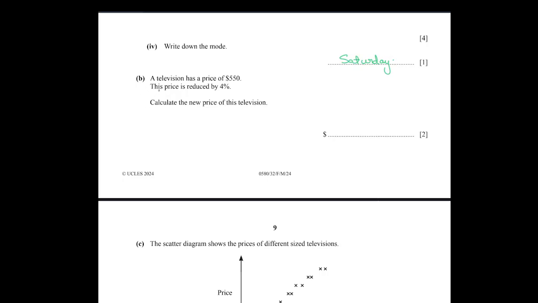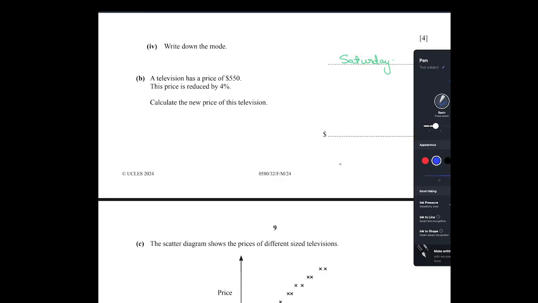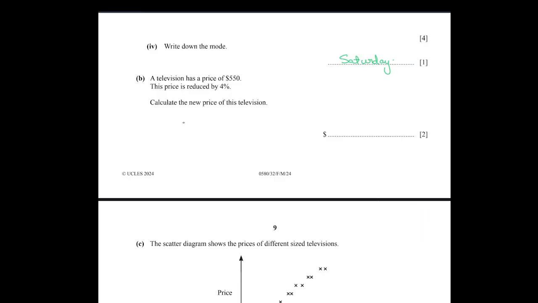Question number 4B. A television has a price of $550. This price is reduced by 4%. Calculate the new price of this television. So reducing the price by 4% will be 550 into 4 by 100. 4% of this amount, zeros cancelled, 5 2s are 10, 5 1s are 5, so $22 will be reduced.